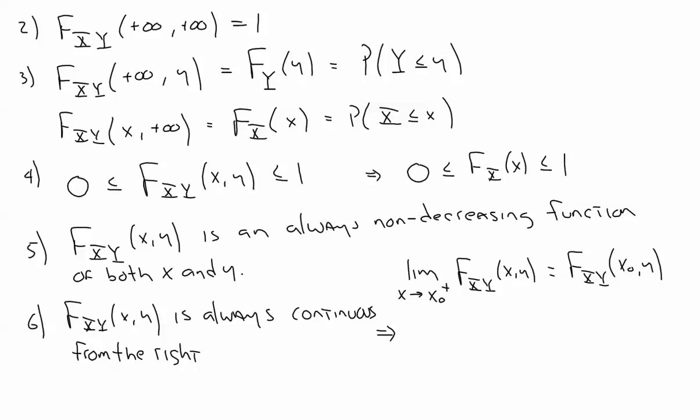And likewise for y. Again, I'm not going to labor over this point any further than this, except to say that just like the marginal cumulative distribution function, the joint cumulative distribution is continuous from the right.